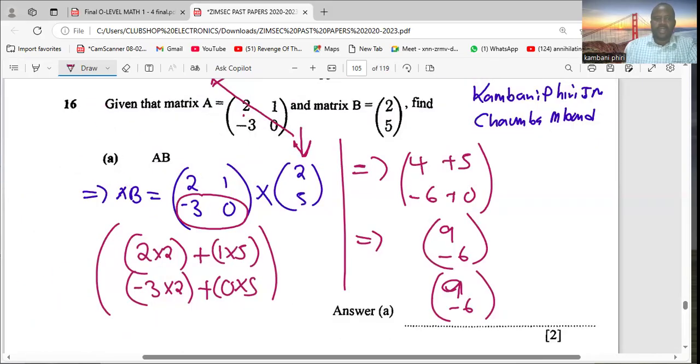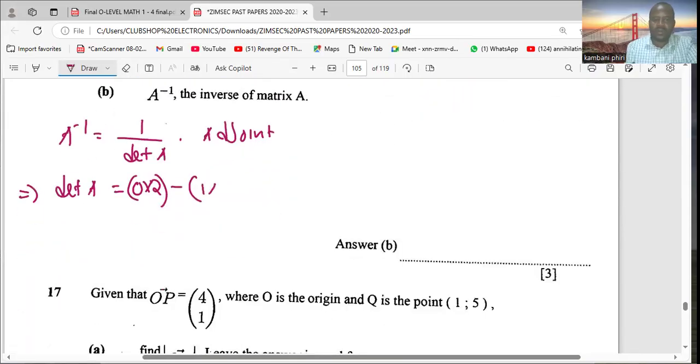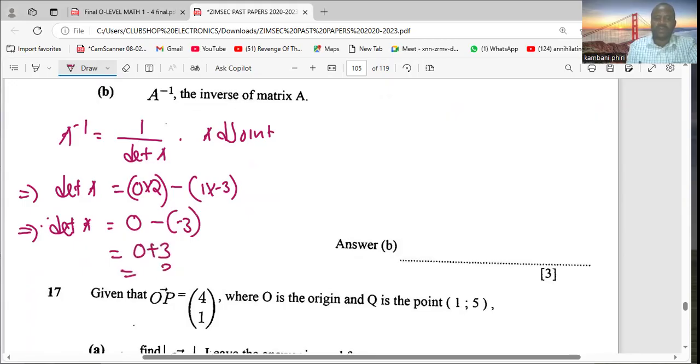Then we go to the right hand side, so 3 by negative 1, or 1 by negative 3. What does it mean? This implies that the determinant of A is 0 minus negative 3. And 0 minus negative 3 is 0 plus 3. Eventually, this will give us 3. This is the determinant of A.